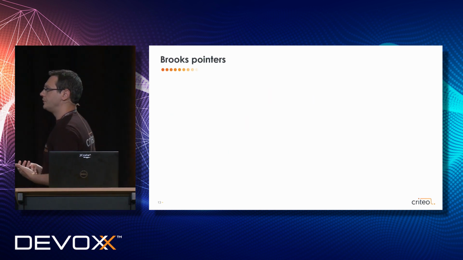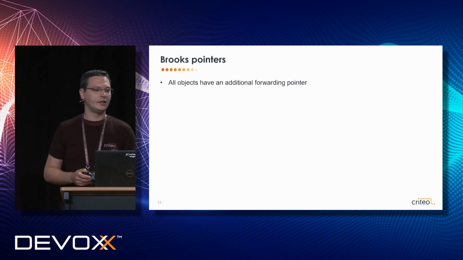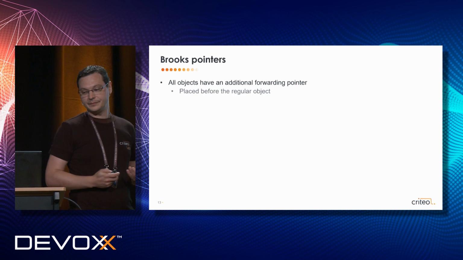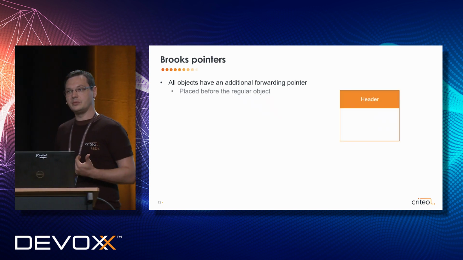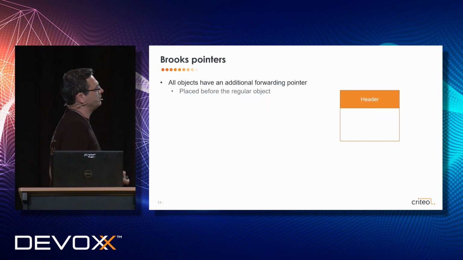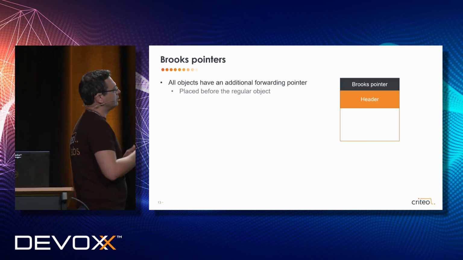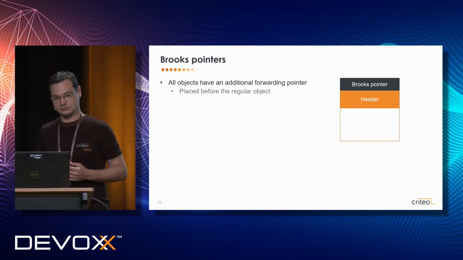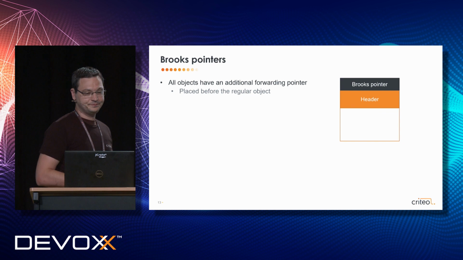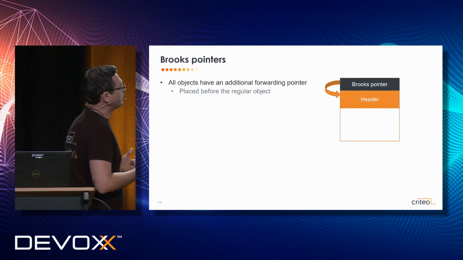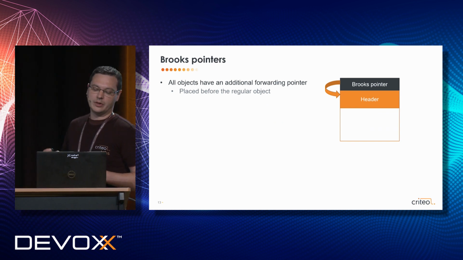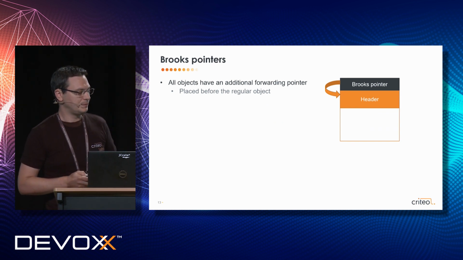So what is a Brooks pointer? All objects have an additional forwarding pointer with them. It's placed before the regular object. That's a regular object with a header and your fields below, and we add a Brooks pointer on top of it. So every object has a new pointer added, and this Brooks pointer points to the old object, with the header.